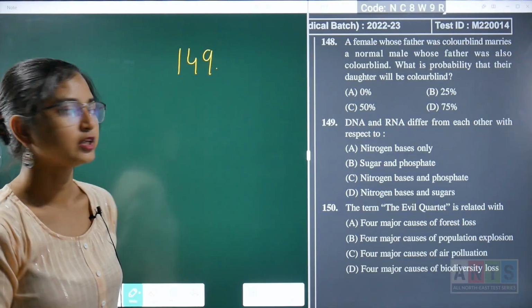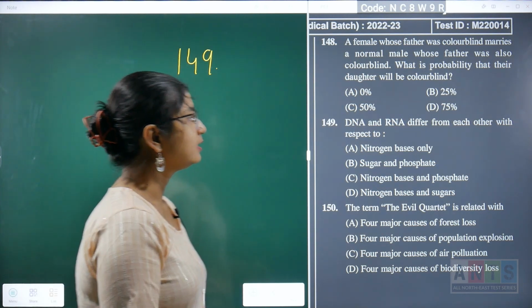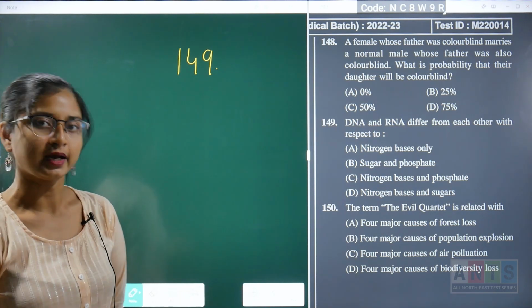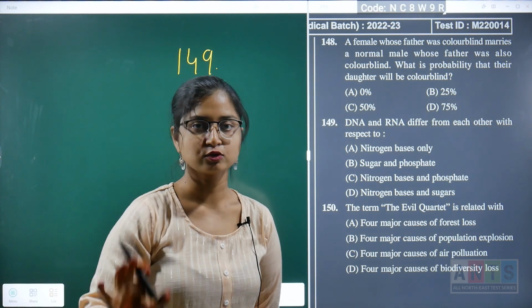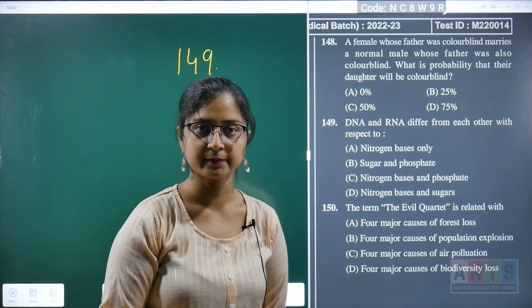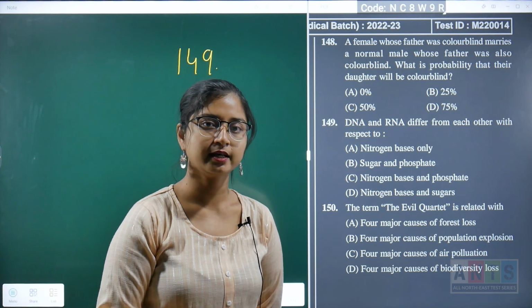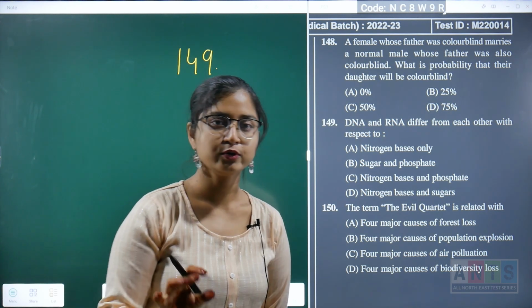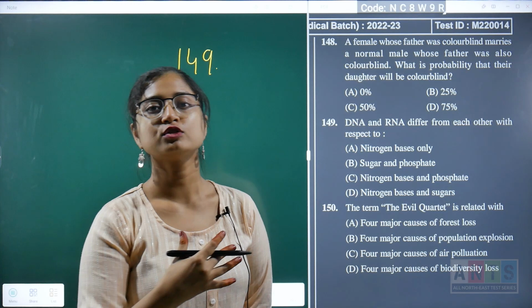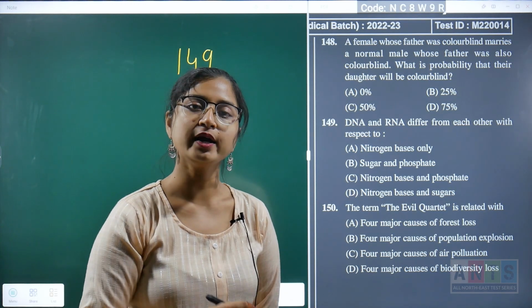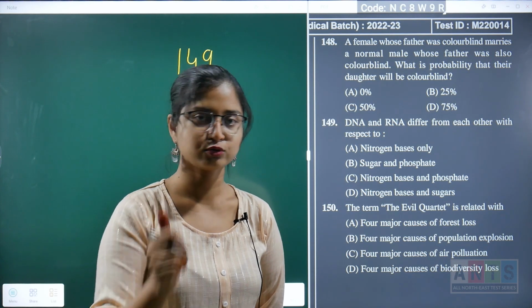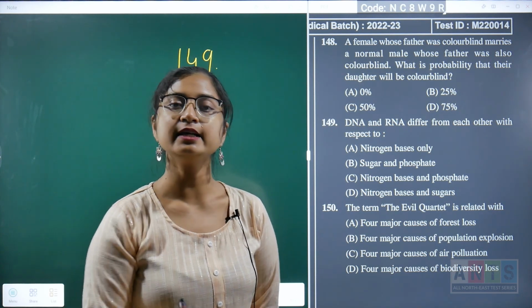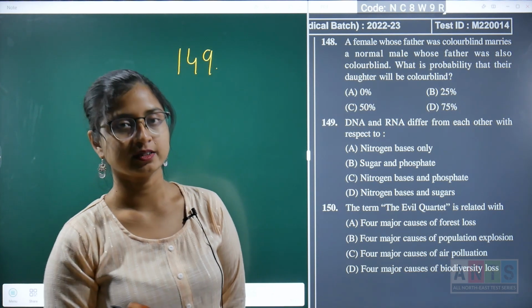Now question number 149. DNA and RNA differ from each other with respect to. In DNA and RNA the phosphate group is common. There is no difference in phosphate. The first major difference is that DNA, deoxyribonucleic acid, contains deoxyribose sugar, whereas ribonucleic acid, RNA, contains ribose sugar. So the sugar is a difference. The second difference is the nitrogen bases.